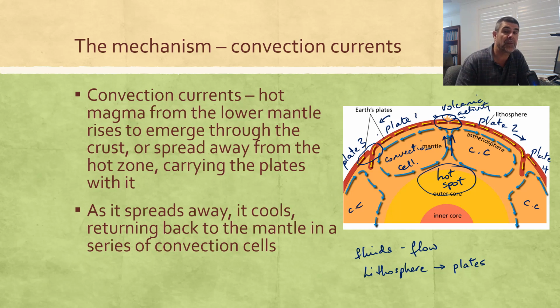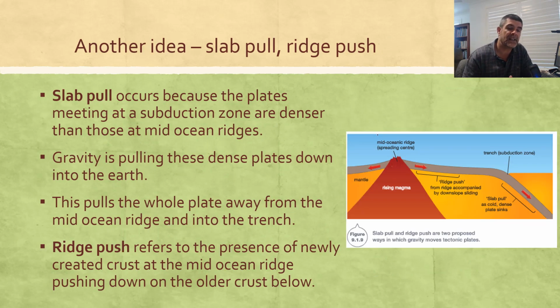Now, this is probably the best story, but it's not the only story. There is another. The other idea is slab pull, ridge push. And when you analyze this, what you're looking at particularly is what happens at a phenomenon known as a subduction zone.